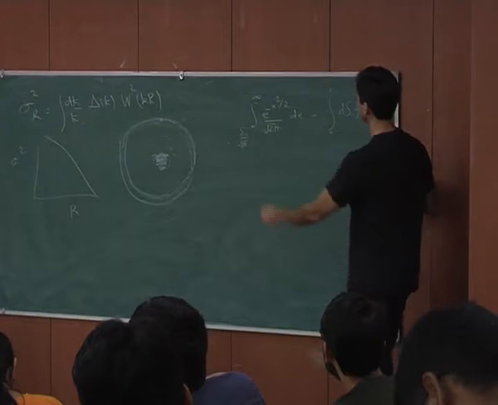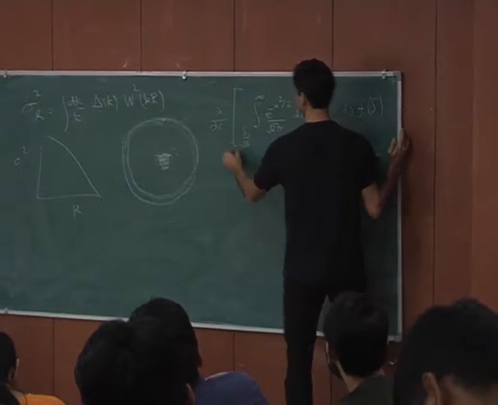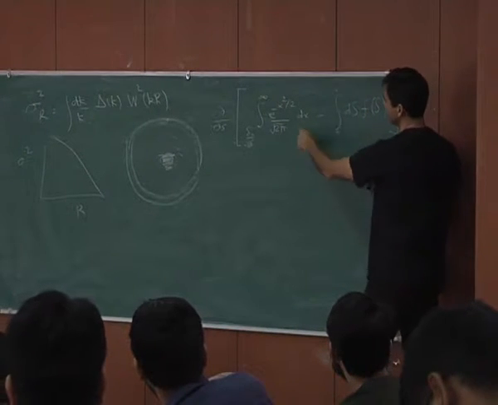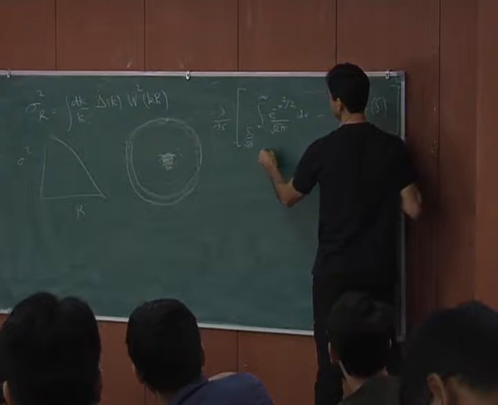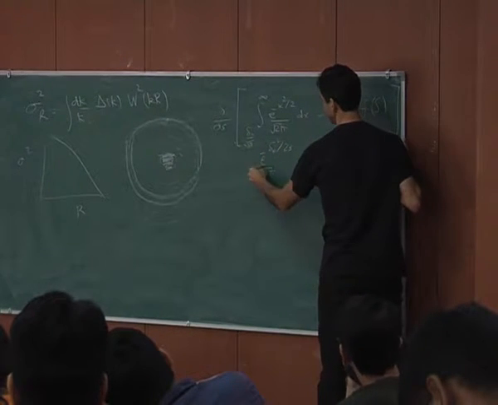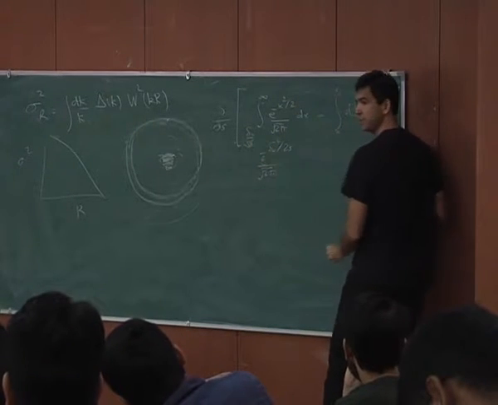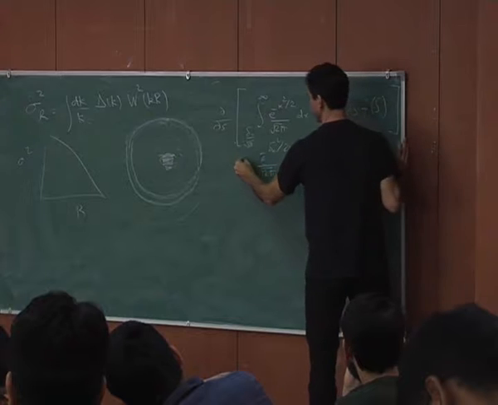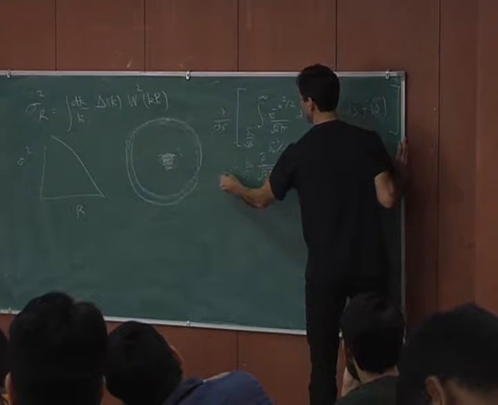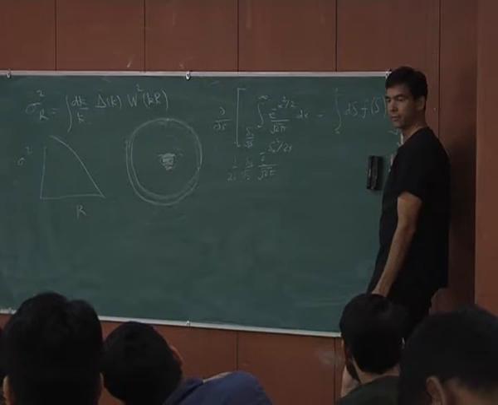Okay? So now I can do d by ds of this. And if I do d by ds of this, I will get e to the minus delta c squared over 2s, over root 2 pi, and then d by ds of delta c over square root of s. So I will get the delta c over square root of s, 1 over 2s, minus sign.